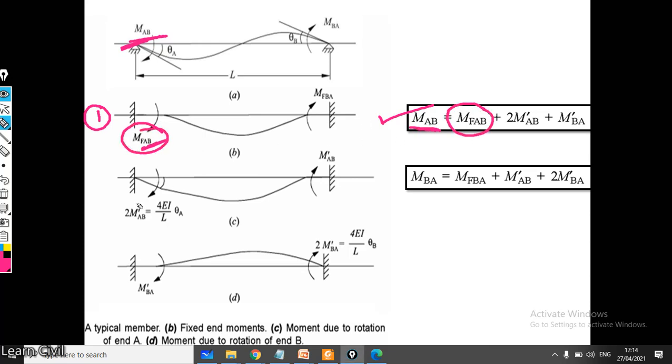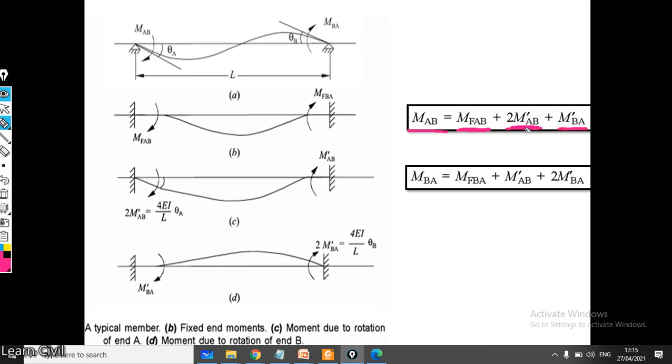Twice M dash AB is the bending moment developed due to rotation of end A through a rotation of theta A. Plus the bending moment developed at joint A due to rotation of joint B, which will be M dash BA. So the final end moment MAB is equal to the fixed end moment at AB plus 2 into M dash AB plus M dash BA.